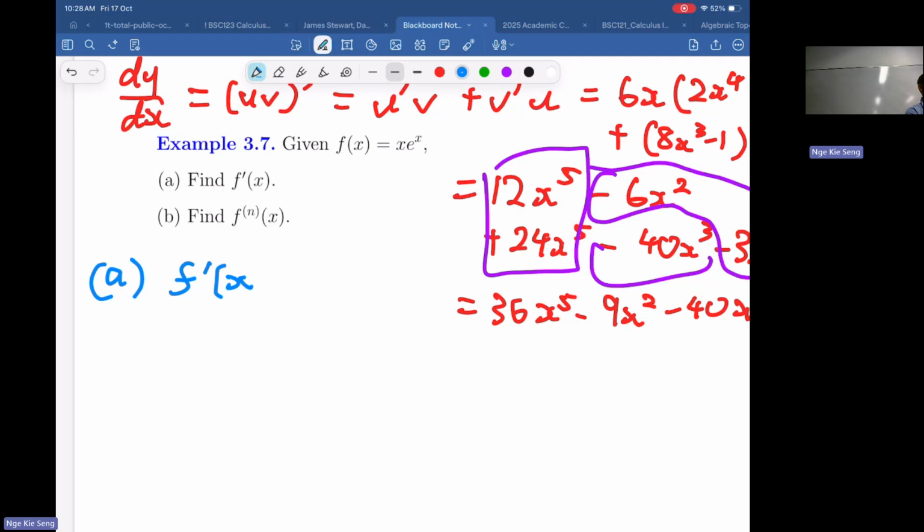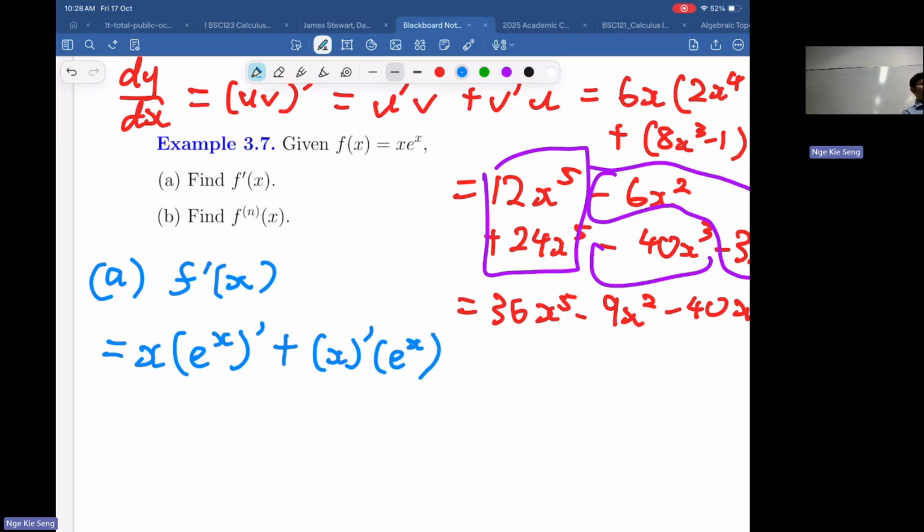You use your product rule. What's your product rule? You keep one, differentiate the other, and then do the other way around: differentiate the first one and keep the second one. So what do you get? x e to the x plus 1 times e to the x. Make sense?